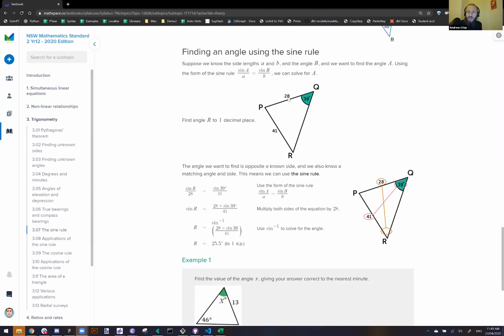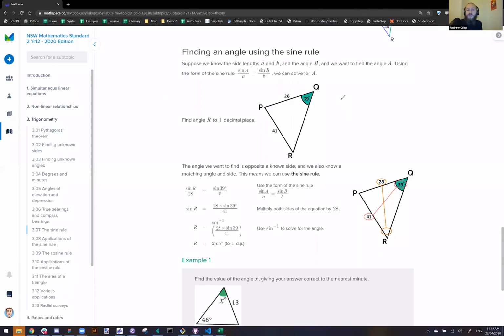In this case, we could write 28. I'm just going to make a different color. Let's go with blue, sure.